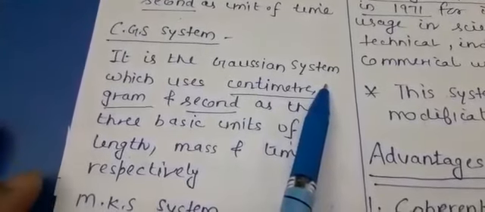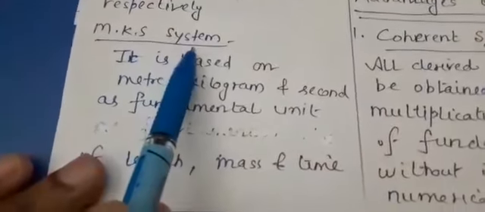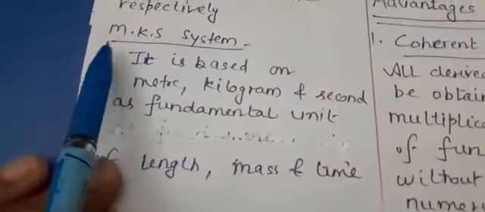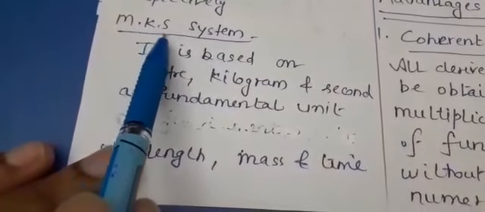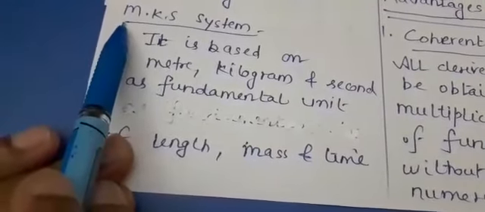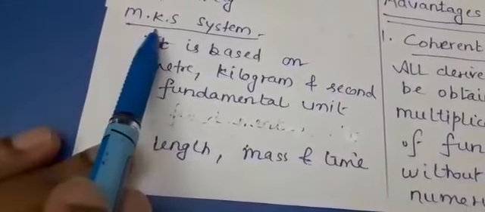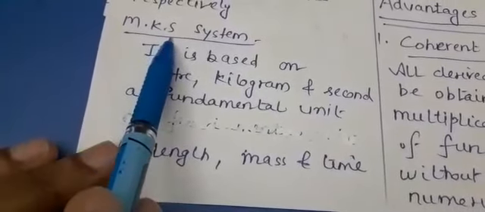Now, we are taking the third system, that is MKS system. MKS: M stands for meter, K for kilogram, S for second. Again, M meter for length, K kilogram for mass and S second for time.